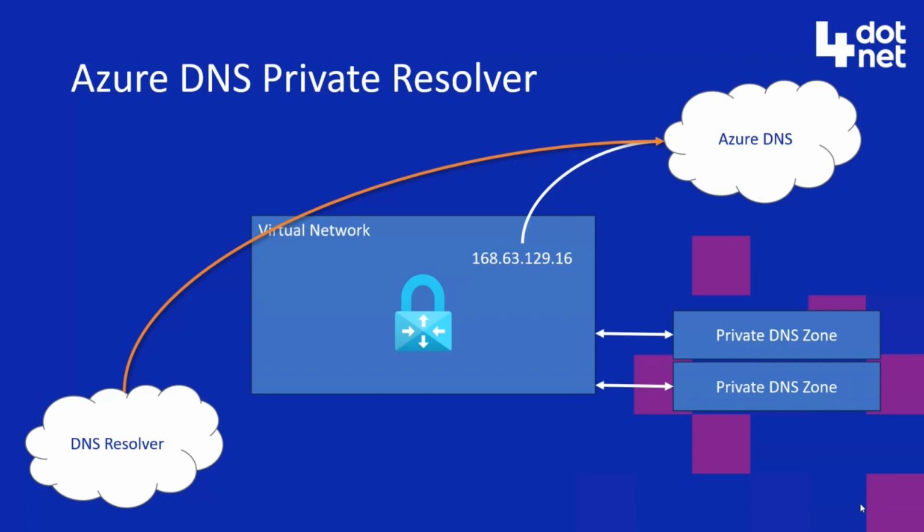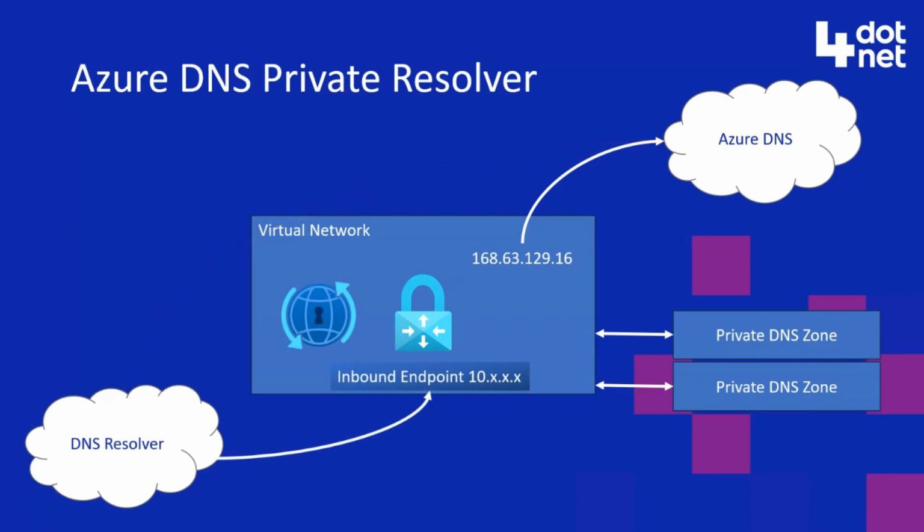So what happens is that this DNS resolver tries to resolve the IP address of the hostname that you're looking for. And if it cannot find the IP address, it will forward the request to the Azure DNS, which will then, in this case, again resolve the public IP address. But the fun thing about the Azure DNS private resolver is that it can have an inbound endpoint, and I always compare that with a tentacle of an octopus.